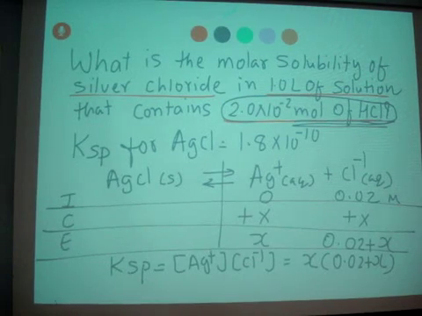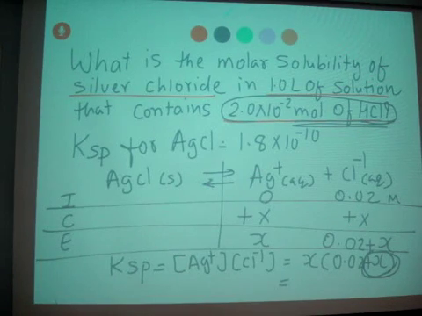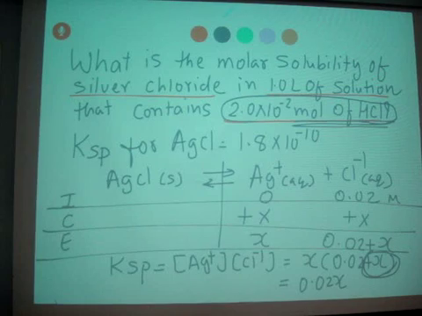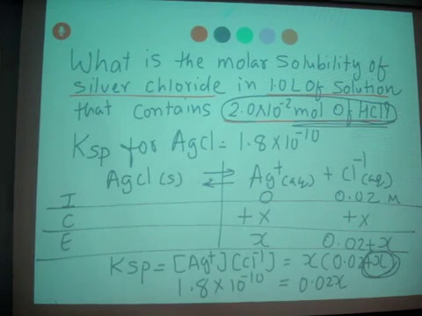Now in this case, this change is very minute. So what we do? 0.02x equals, what's the Ksp? 1.8 times 10 to the negative 10. Okay? Now we'll solve for x. Now it's easy to solve for x.